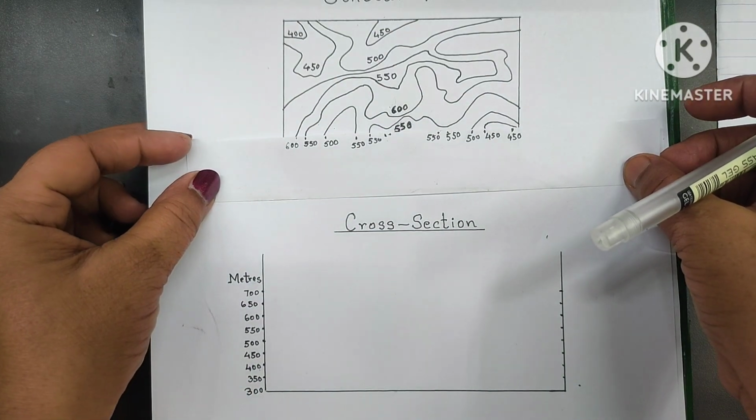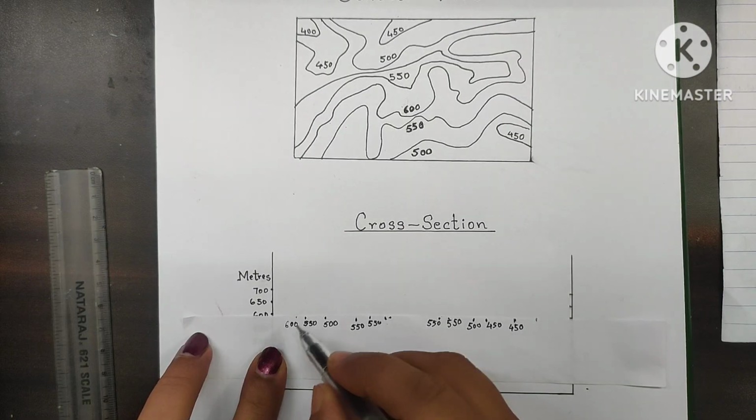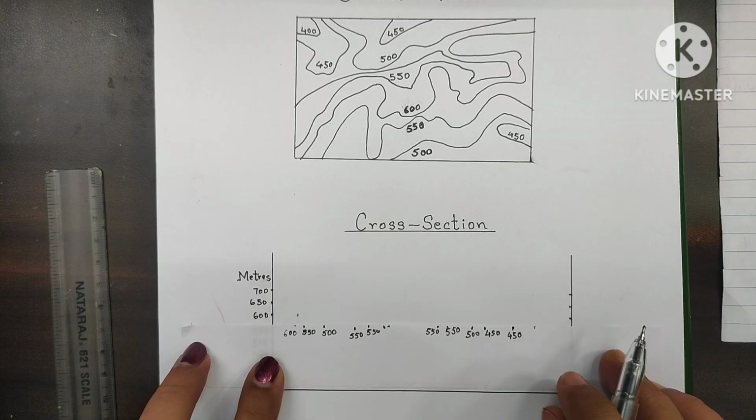Now we take this strip of paper, then we will plot the numbers according to the heights numbered in meters.